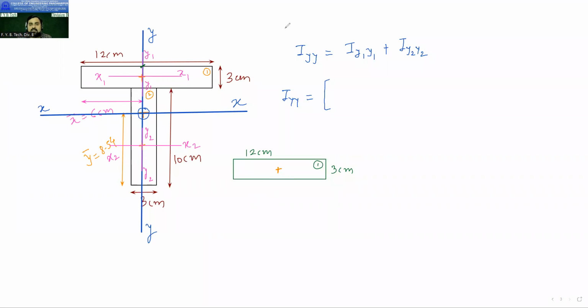And if I draw the self axes, this is my x1. I am just enlarging this figure. So this is x1. And where is my y1? So y1 is perpendicular to this. This is y1, the centroidal axis of this rectangle.